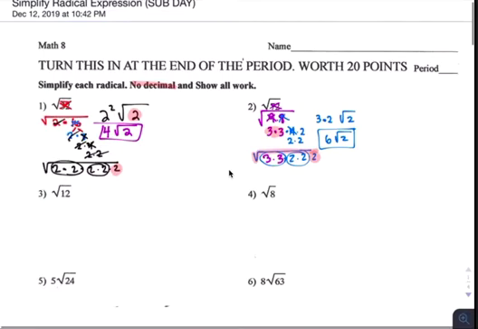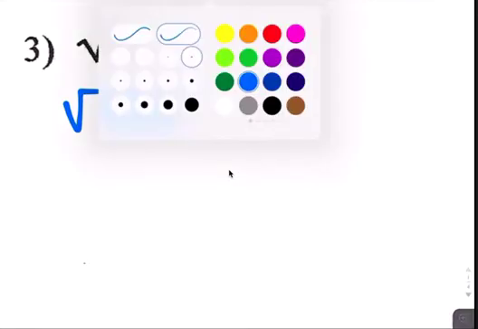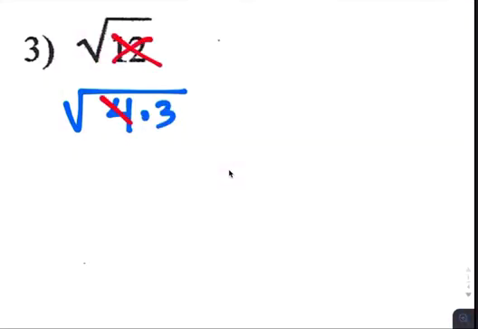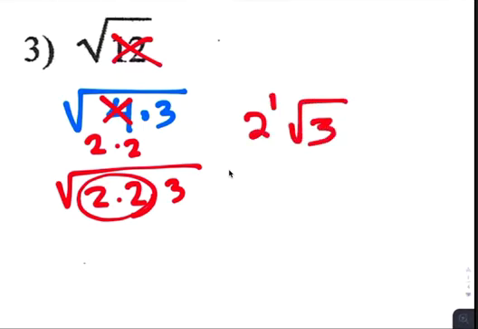Okay, so number 3. Square root of 12 is 4 times 3. 12, can't use. 4 can't use because it's been broken down to that. So you got 2 times 2 times 3. 1 pair of 2, 2 to the first, square root of 3, or just 2 square root of 3.